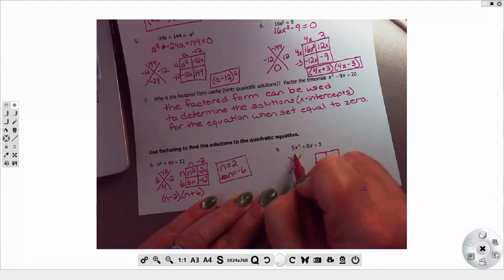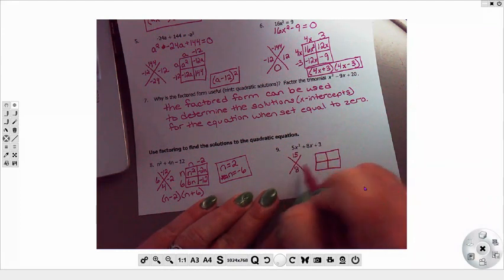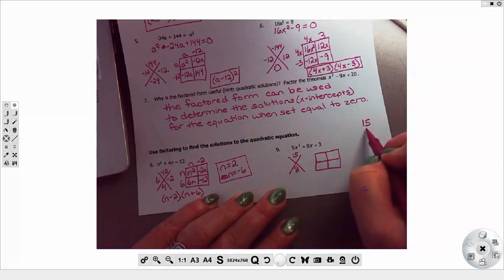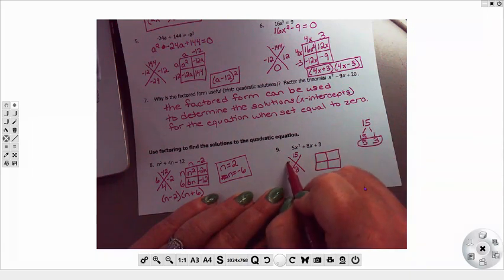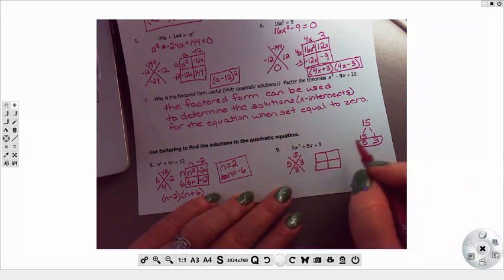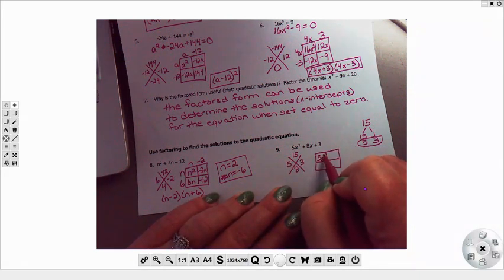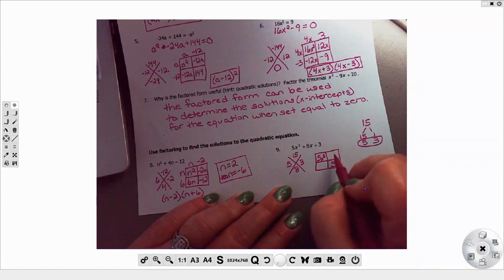5 times 3 is 15, and 8. So let's think about 15. That's 15 and 1, and 5 and 3. Well, 5 and 3 added together is going to give me 8. So 5x squared and 3, and I'm going to say 5x and 3x.